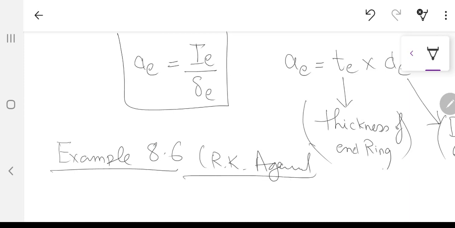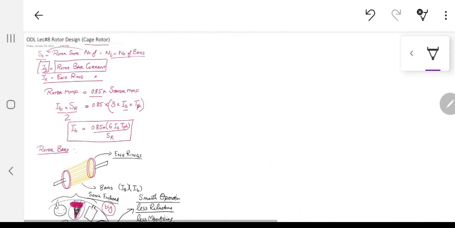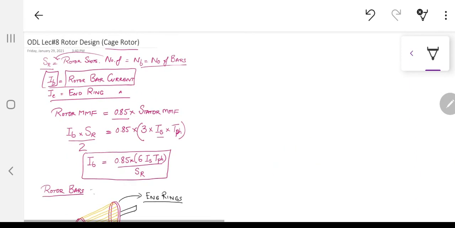In that example the end ring is designed, the number of rotor bars is given, the stator slots and rotor slots have been given, and the end ring currents are designed there. So this is lecture number 8, and hopefully in the next lecture I will decide on the wound rotor, and hopefully this induction machine design will be complete from my side. Thank you.